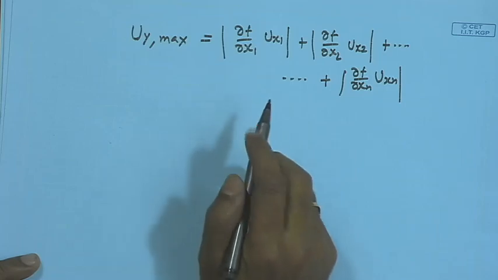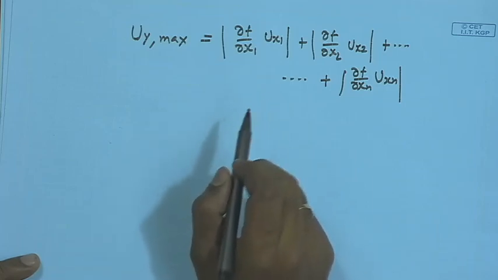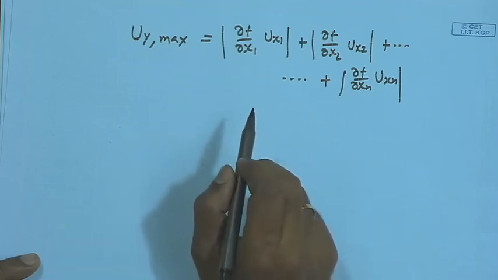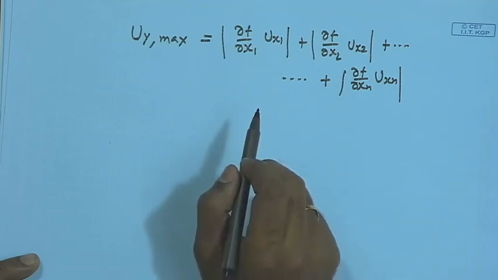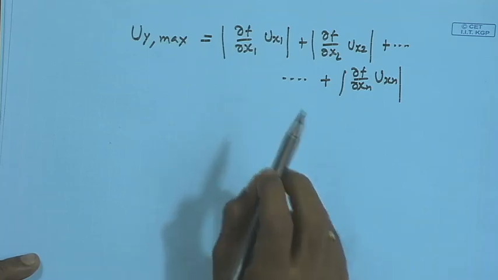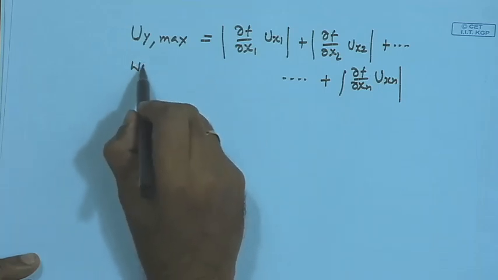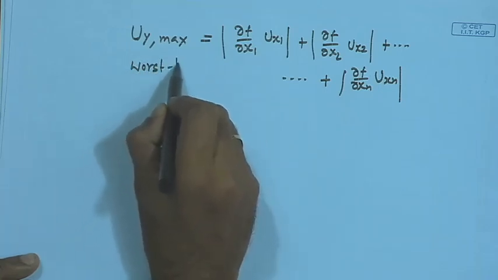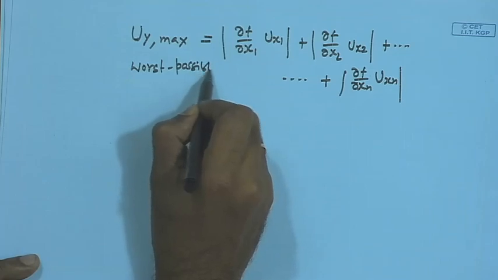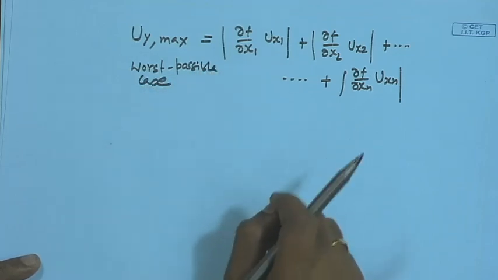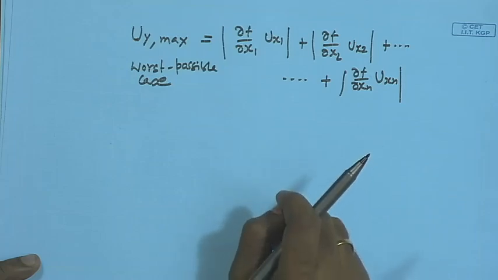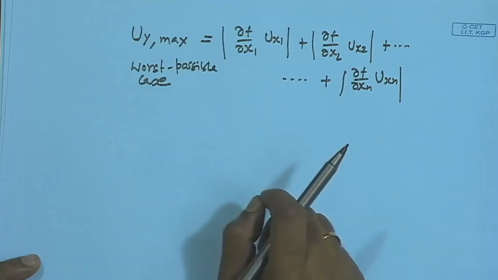The maximum value of uncertainty would be obtained when all the uncertainties happen to have the same sign, and this would be the worst possible case. However, the probability of such an occurrence is generally very small.